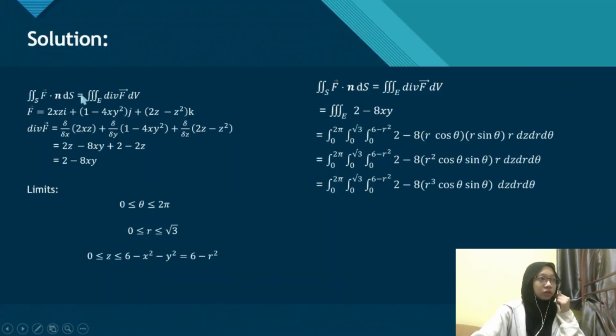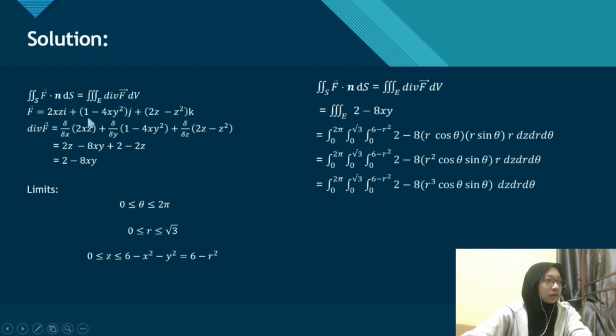Next is the solution, as stated in the notes given. The divergence theorem says the integral of F dot dS is equal to the triple integral over solid E of the divergence of vector field F dV, with the vector field as given in the question. So how do I get the divergence?